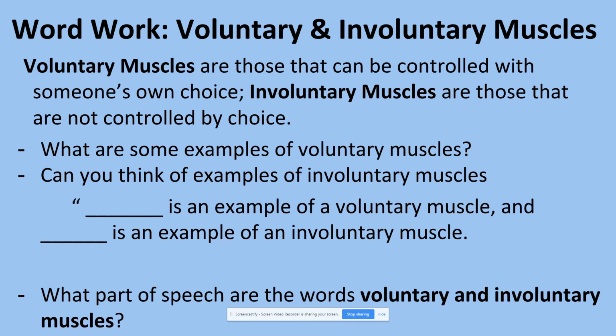If I think about the word voluntary and involuntary by itself, the part of speech is one thing. But if I consider it all together, involuntary muscles or voluntary muscles, I hope you said that those were nouns, because if you did, you are correct.